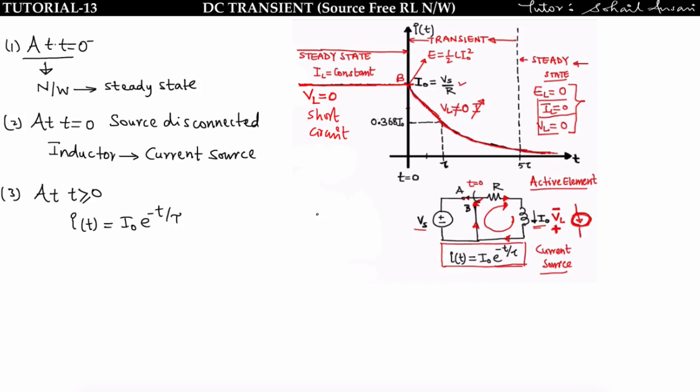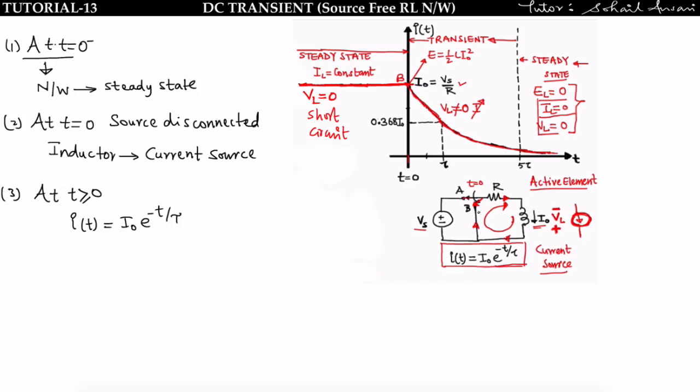Let's look at how the RL circuit behaves when you remove the sources. I am removing the sources at t equal to 0. That means for t less than 0 the network is in steady state, meaning the inductor is fully charged and the current flowing through the inductor is maximum and constant. After that we remove the sources at t equal to 0.